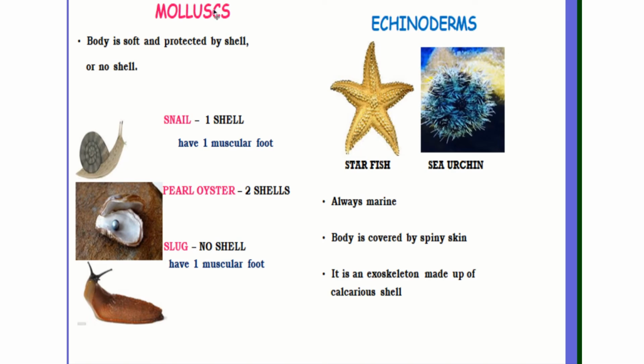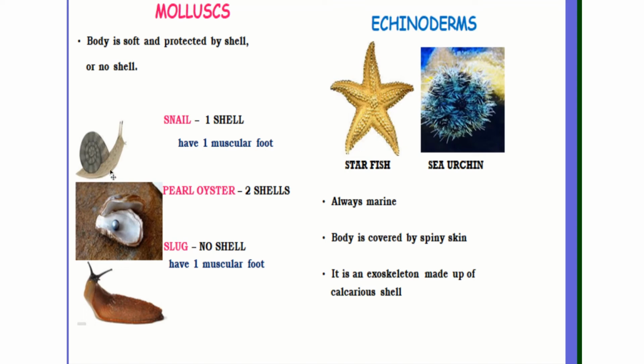The next phylum we are going to study is about the mollusk. The body of the mollusk is so soft and protected by a shell, or sometimes they don't have a shell at all. Examples of mollusk are snail, pearl oyster, and slug. Look at the snail here.